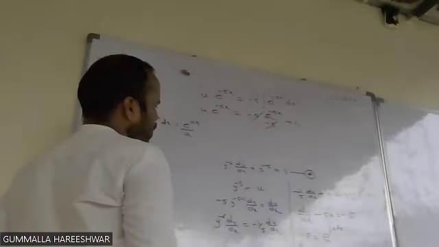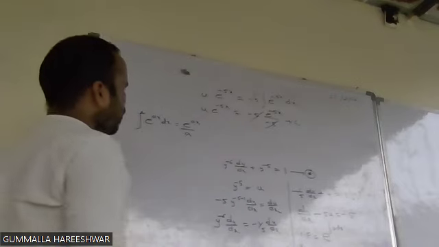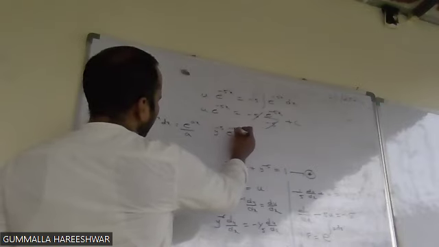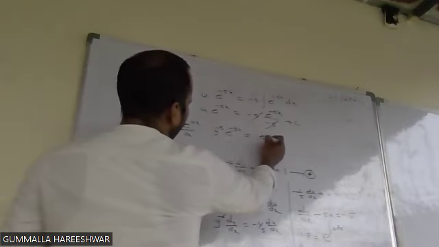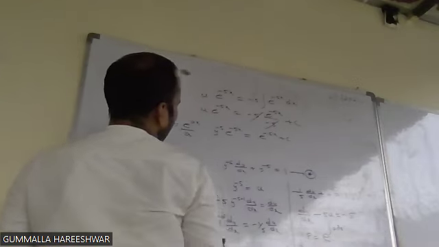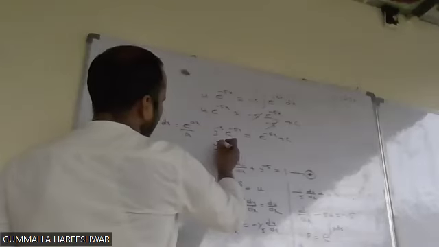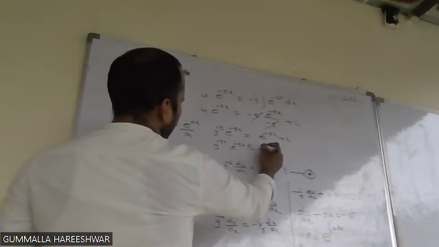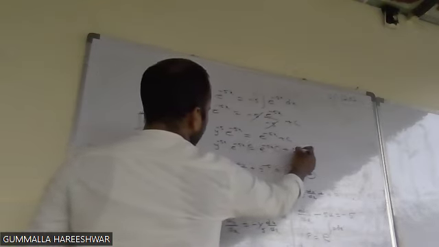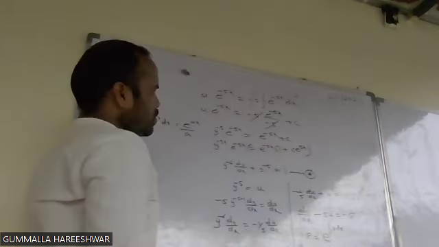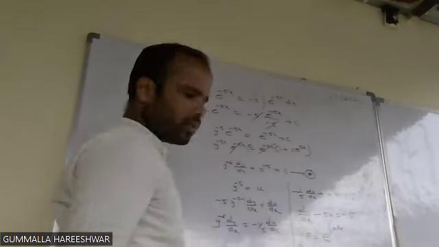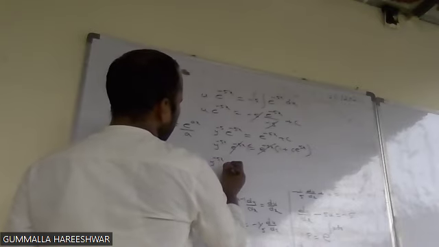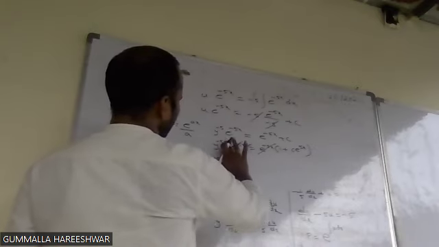Now, what is u here? U is y power minus 5. I'm substituting: y power minus 5 e power minus 5x equals e power minus 5x plus c. Taking e power minus 5x common, we get 1 plus c e power 5x, so e power minus 5x cancels.